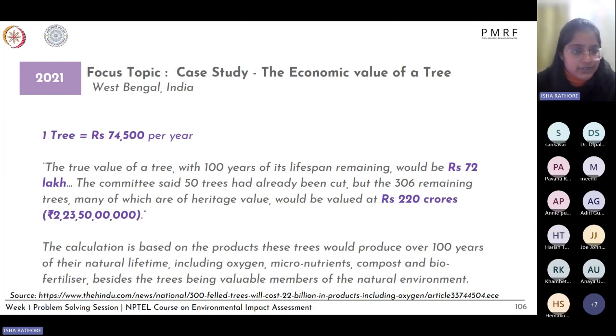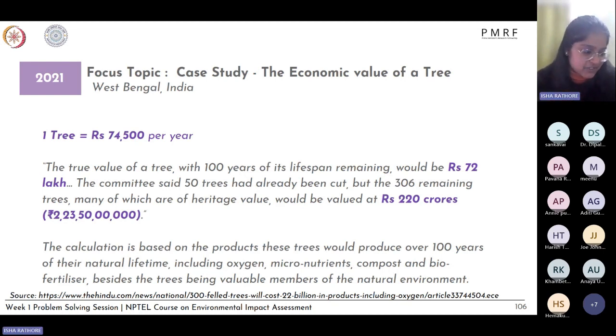So the true value of a tree, considering that a tree has 100 years of lifespan, would be equal to 72 lakhs. Now the committee said 50 trees have already been cut out of the 365 which were proposed in the project, but the 306 remaining trees, many of which are of heritage value, very old trees in that particular area, would be valued at rupees 220 crores.